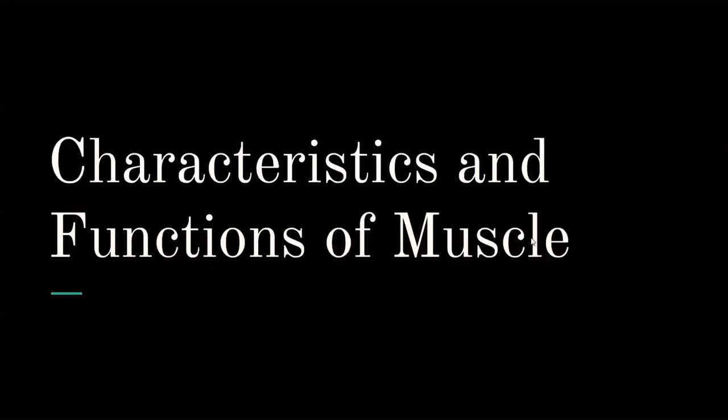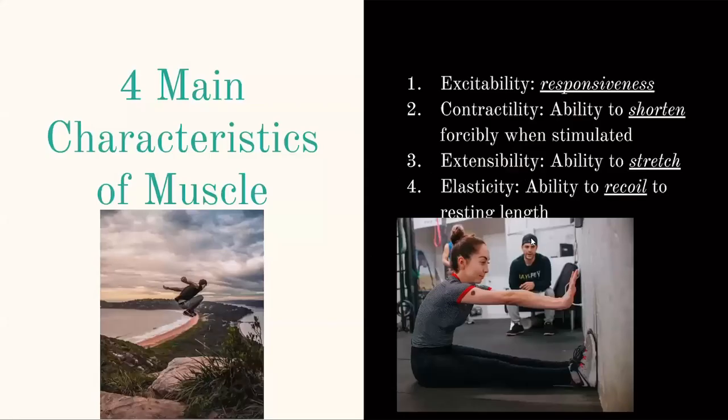So first off, I'll start off with the characteristics and functions of muscle. Here we have four characteristics of muscle. One being excitability, meaning that your muscles are able to react to certain things, is responsive. You're able to run.